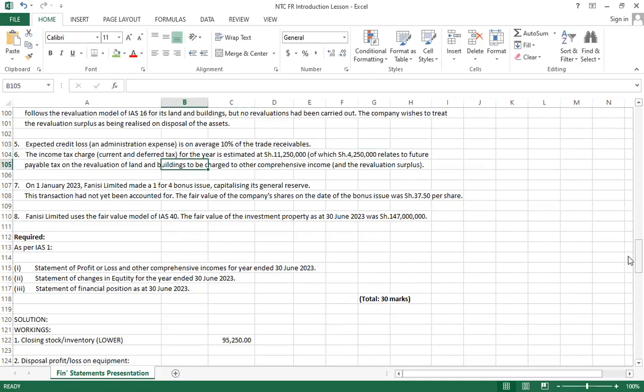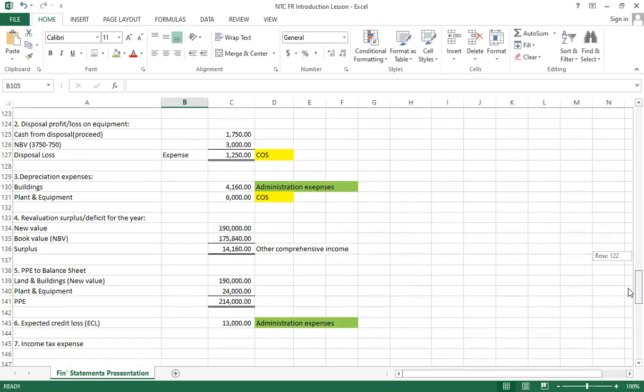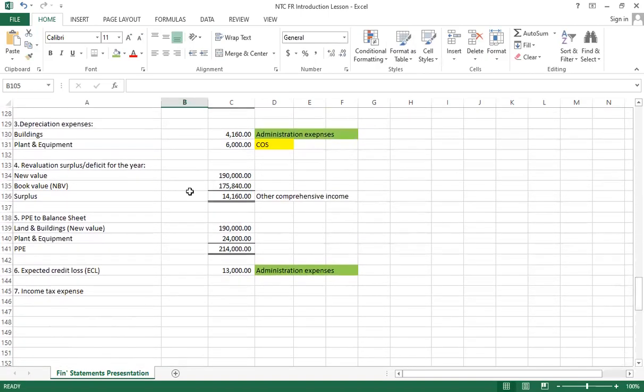So allow me to remind you that when you come to this working number 4, as per the question, we computed a revaluation surplus. And when you have such a surplus, how do you account for it? With a surplus, you debit the asset that you revalued. Like in this case, we shall debit the land and buildings. A surplus means that you have increased the asset in value.